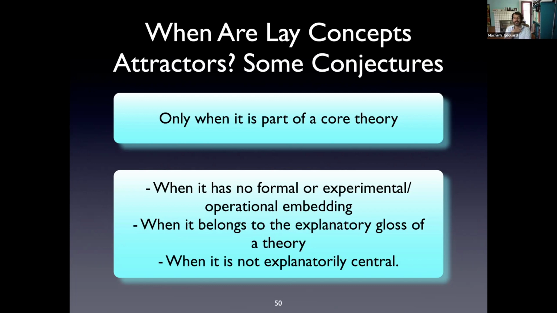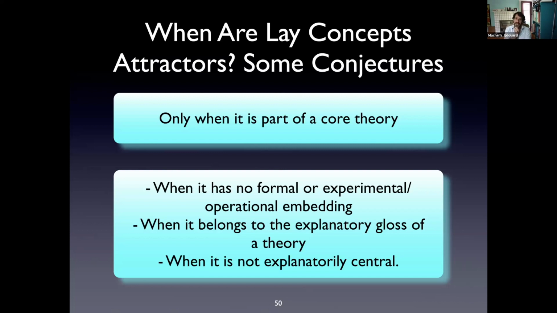Now that concept seems to be central at the surface, but when you look at any explanation that's given of any physical phenomena, you find that the concept of ether plays literally no role in the scientific explanations actually given by scientists. So it's actually not an explanatory central concept.